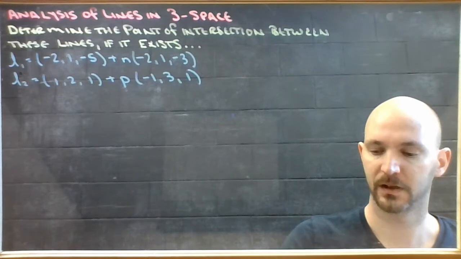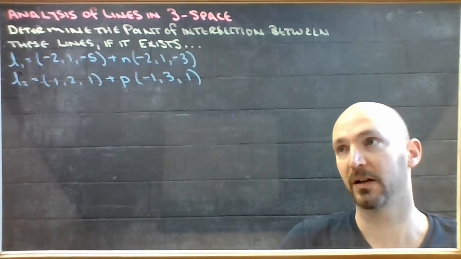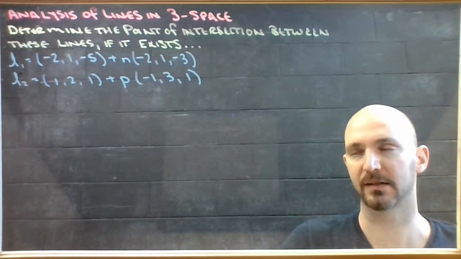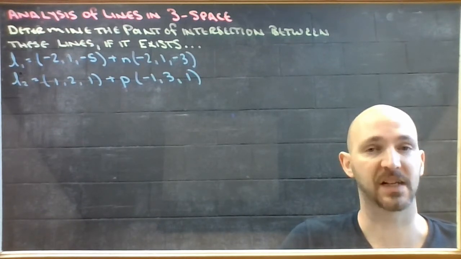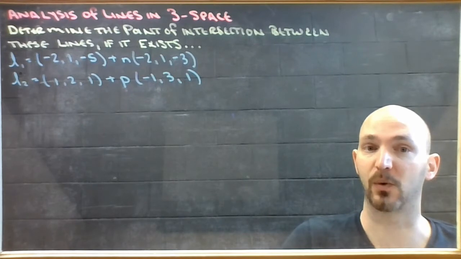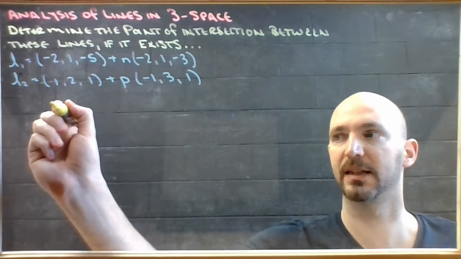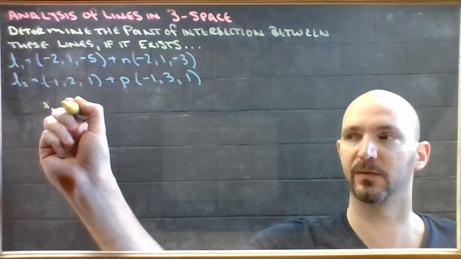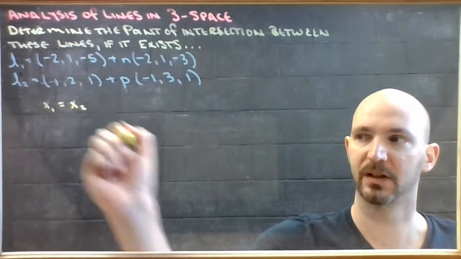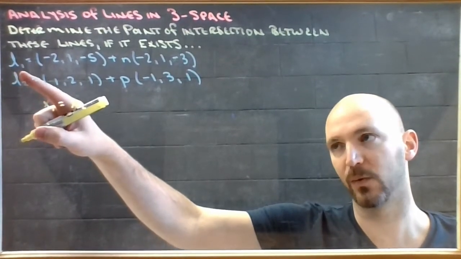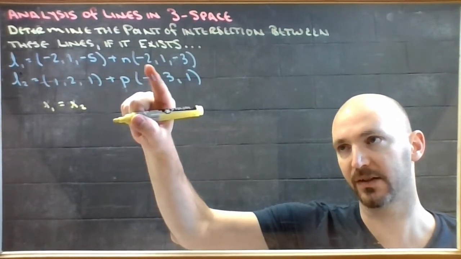Here we go. So I have a new pair of lines, and I'm determining the point of intersection between them if it exists. So just like in the last example, I need to equate my parametric equations. So if they cross, then the x value of line 1 will have to match the x value of line 2. So my x values for line 1 are -2 minus 2n.